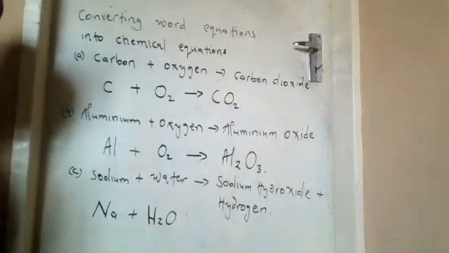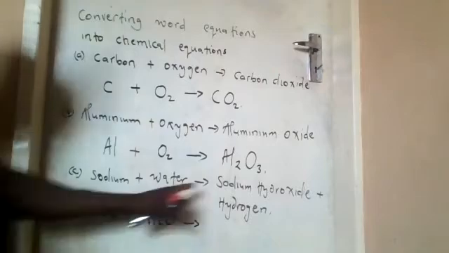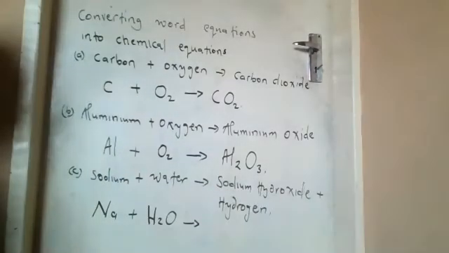Okay, so it's sodium plus water, and then we know that water, H2O, is never found on the periodic table, but it's something that you can construct. Then what are we forming? We are told that we are forming sodium hydroxide. Sodium, it's a metal, Na, but what about hydroxide? Hydroxide is a radical.